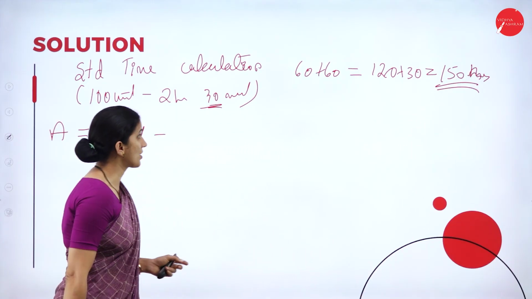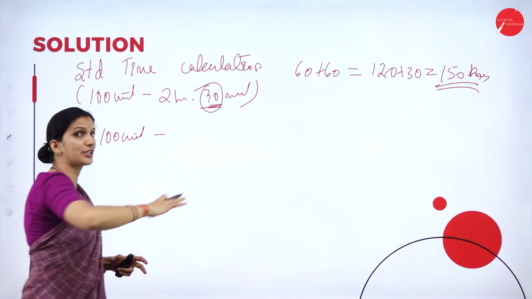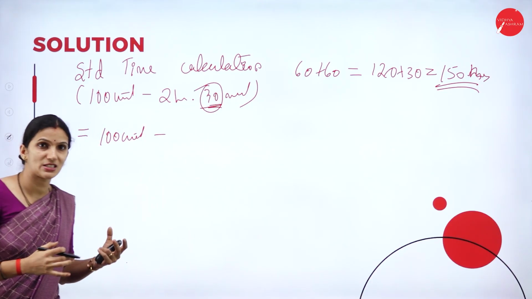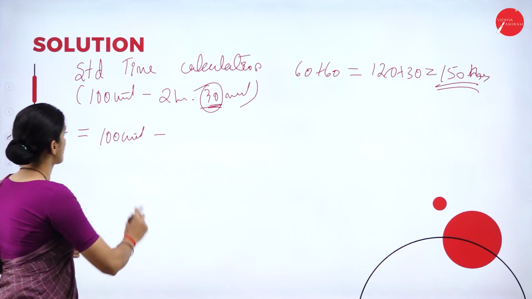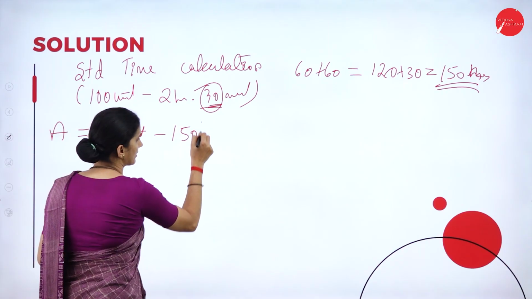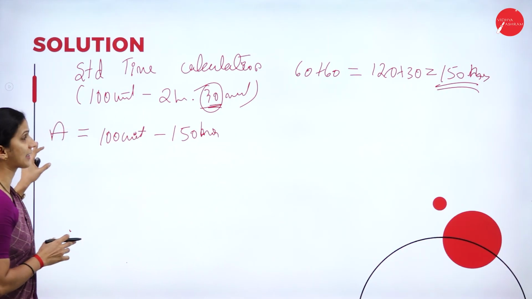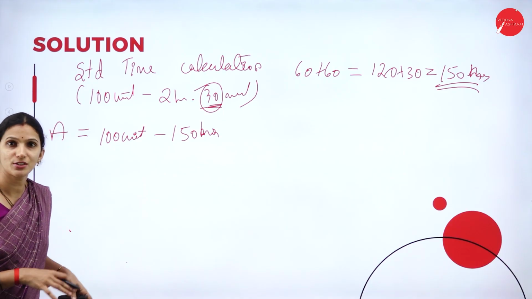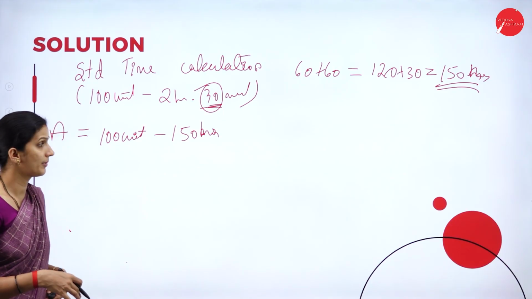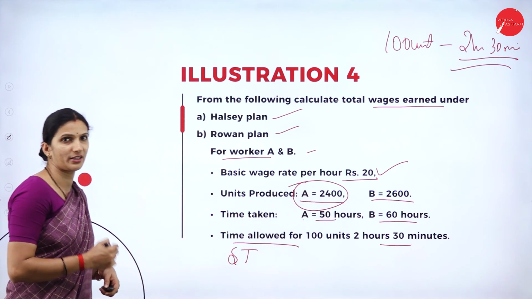Because we have this additional 30 minutes, we convert the whole thing into minutes so that it will be easy to calculate the standard time. So for 100 units, the total minutes required is 150 minutes. Now we are calculating for A. What is the total unit produced by A? A has produced 2400 units.